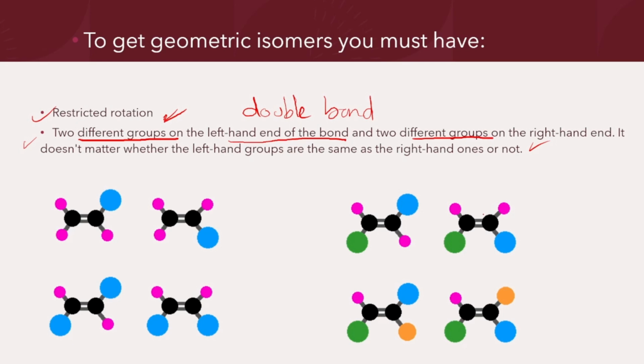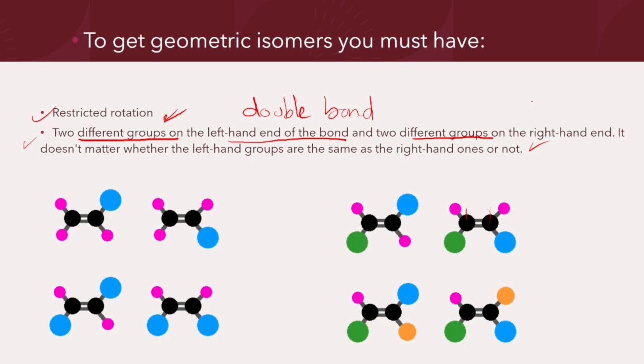So if I have two carbons, I should have two different groups at this carbon and two different groups at this carbon. It's not a problem if the groups are the same across carbons, but at the same carbon I should have two different groups.